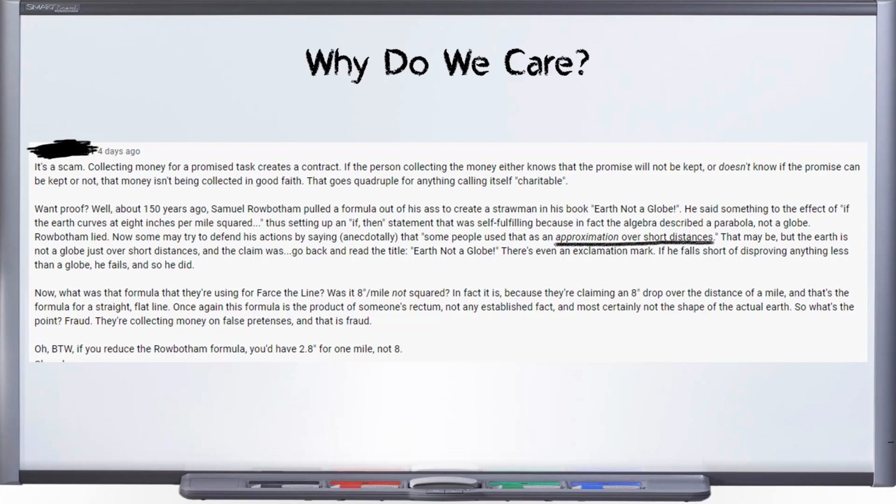We start with the repetition that the 8 inches per mile squared is an approximation over short distances. We sometimes hear the flat earthers accuse us of just repeating a mantra or reading from a script. Look at this. That's exactly what's happening here. This is not a true statement. As we just saw, I just showed this is an approximation that's good to 1,000 miles.